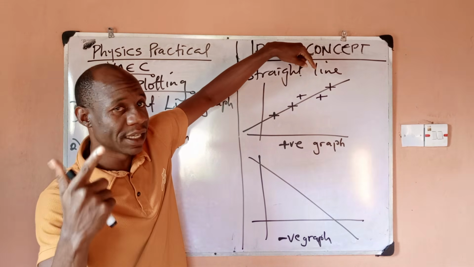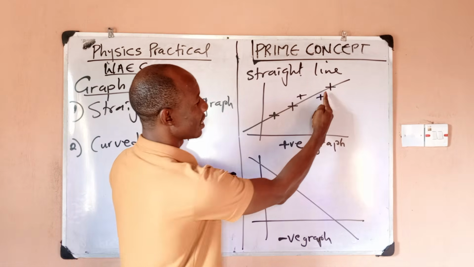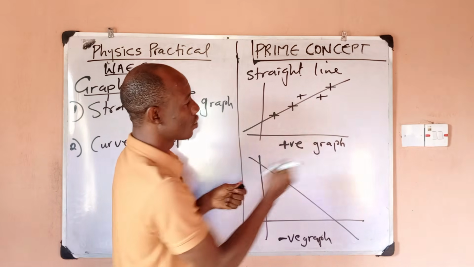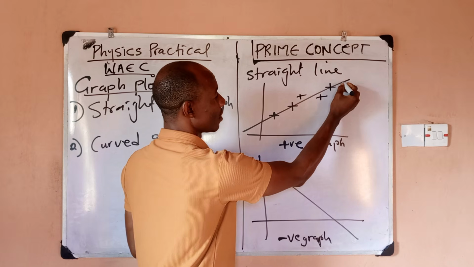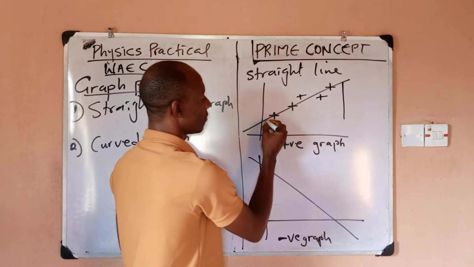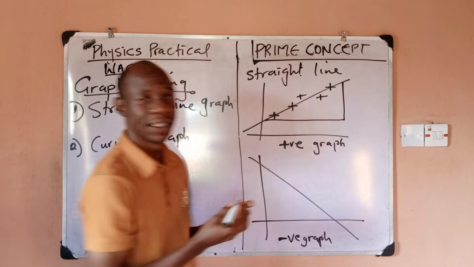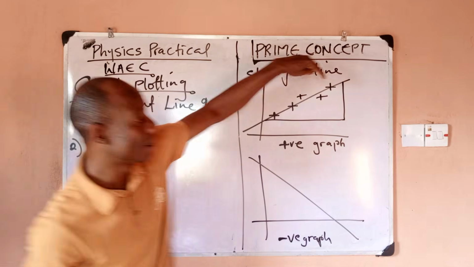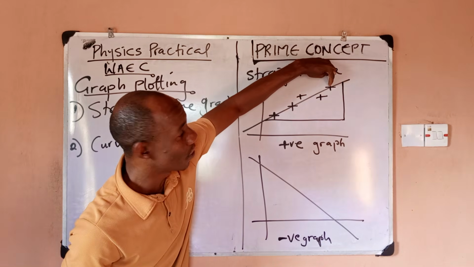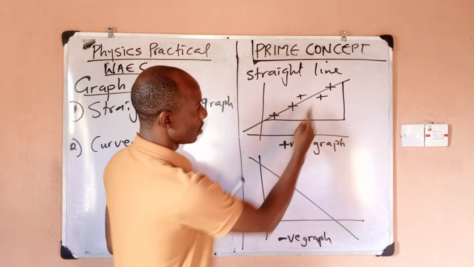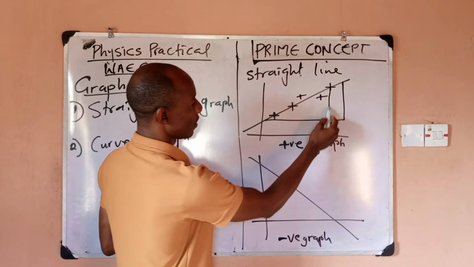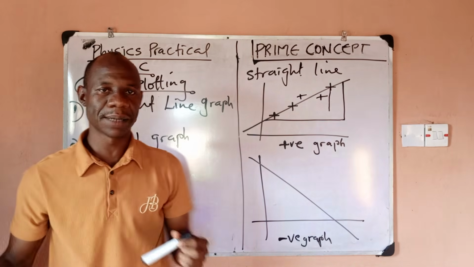Some of you think when you want to draw your triangle, you must draw it inside. No. If I want to maintain a big triangle, I can draw from this point and draw from this point. Can you see how big this triangle is? Now, notice that I didn't draw this triangle from this point. Some people might draw from here like this. When you do that, it is wrong. It's not accepted in WAEC.